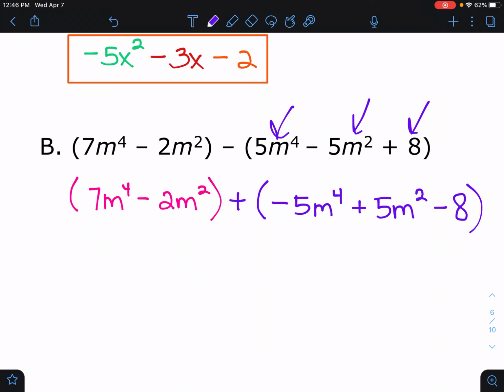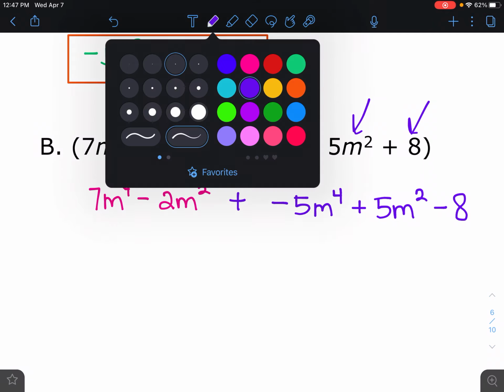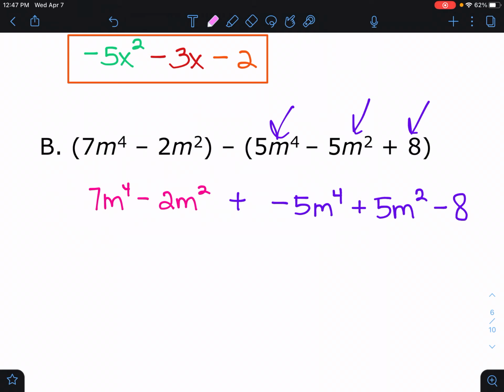And now I can get rid of my parentheses. Okay, and then we're going to combine like terms. So let's do it. All right, so start with my highest degree terms. I see 7m to the 4th and negative 5m to the 4th. I'm going to put those together.